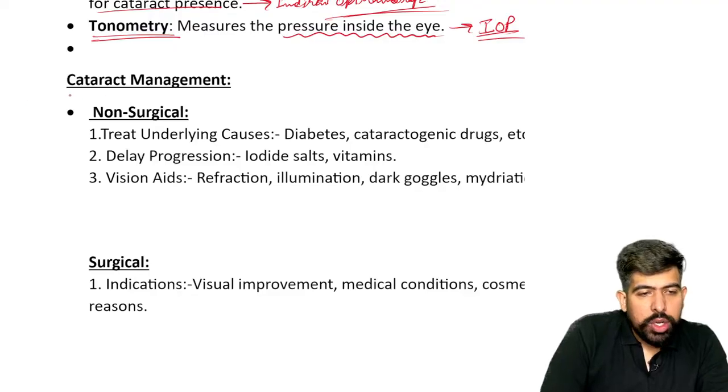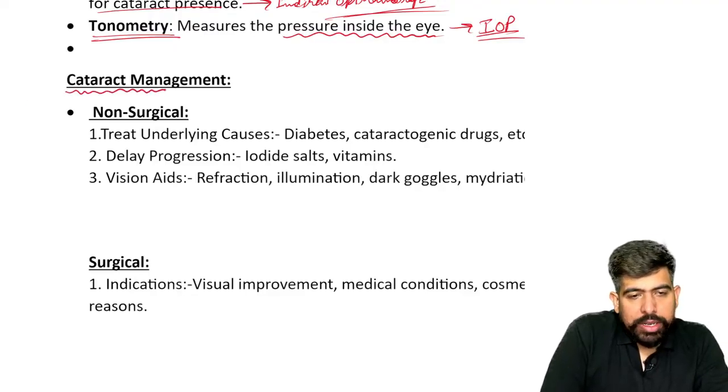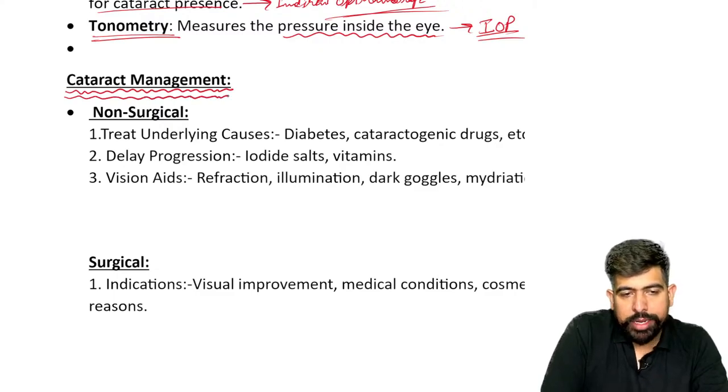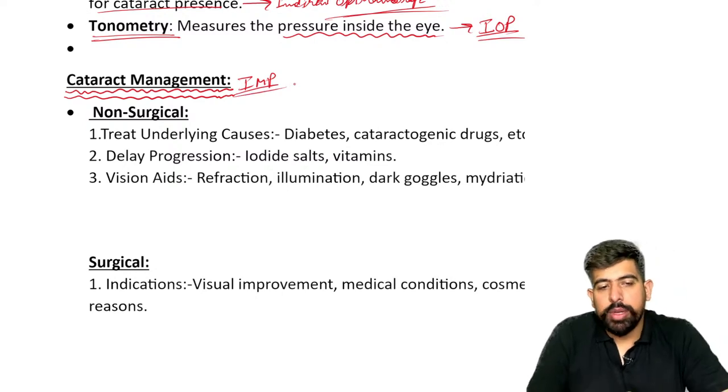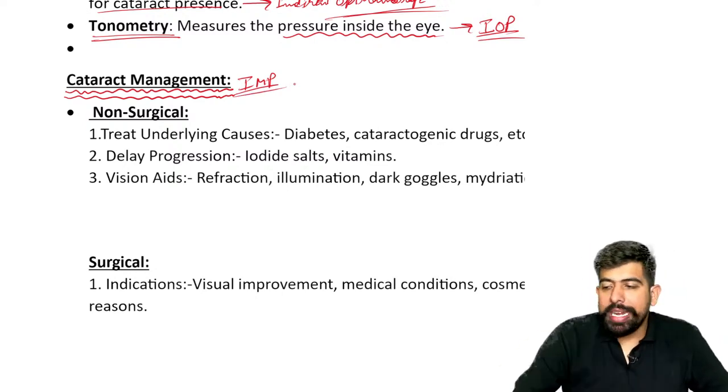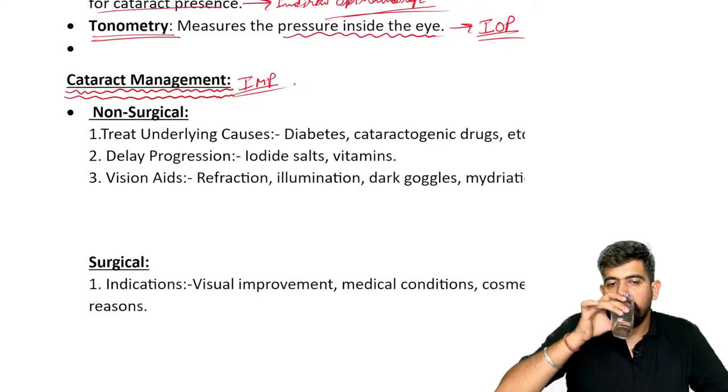Now, talking about the next, which is the cataract management, which is an important question from here, how to manage this cataract. Please remember about it. We don't have any medical management of it.